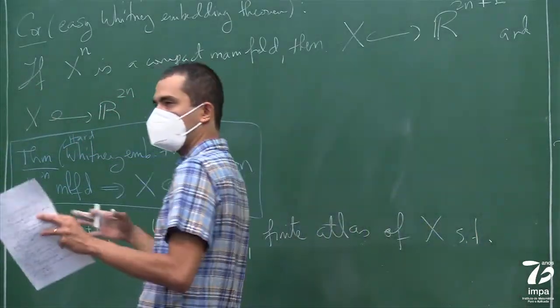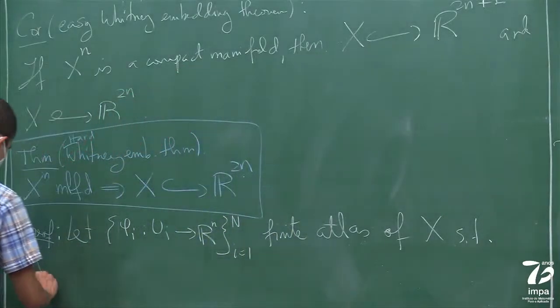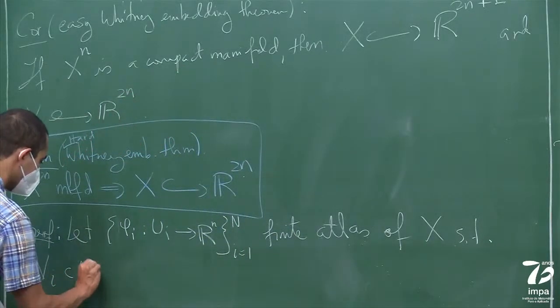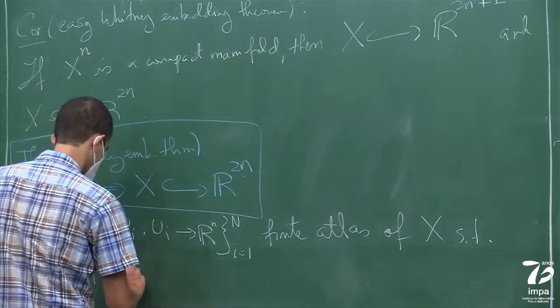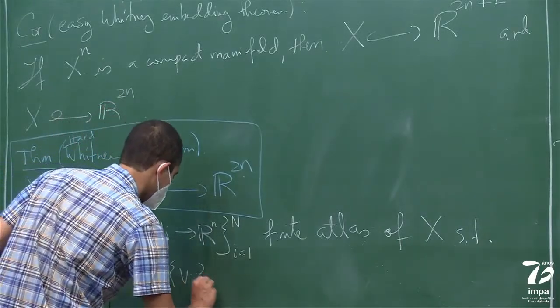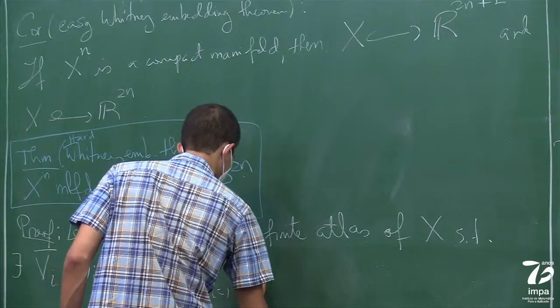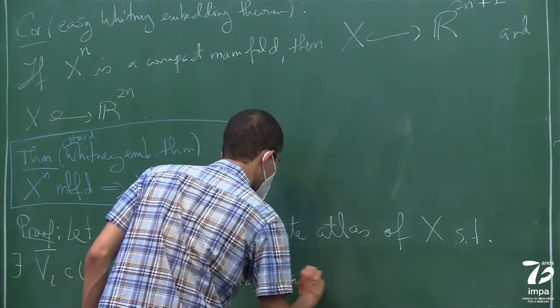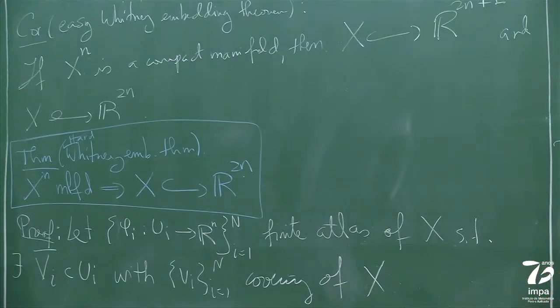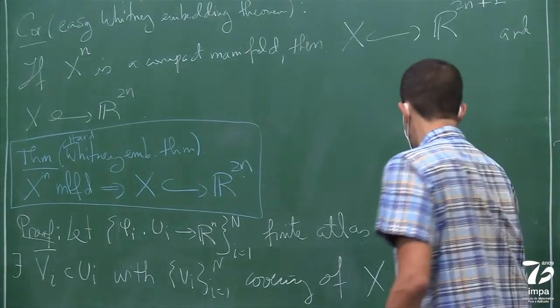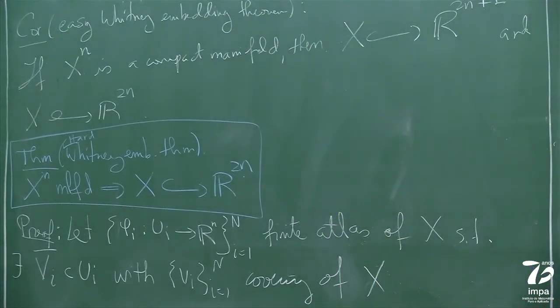I want to do something similar to last time. I want an open set V_i whose closure is contained in U_i, because I want to use bump functions. So such that there exist these V_i, with the V_i already being a covering of X. And the reason is that I want to consider these bump functions.